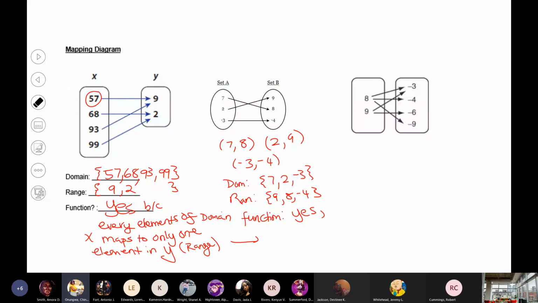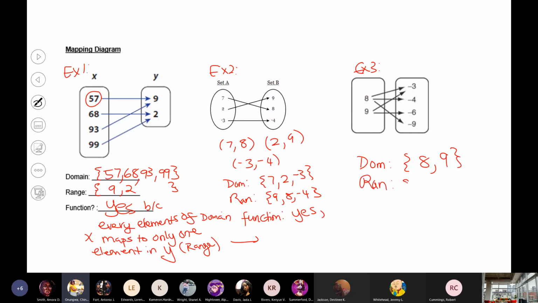Now let's go to this third example, okay? So this is example 1. This is example 2. This is going to be example 3. So here I have a map from 8. My domain is where my arrows are coming from. So it's the set with the elements 8, 9. And my range is where my arrows are going to.